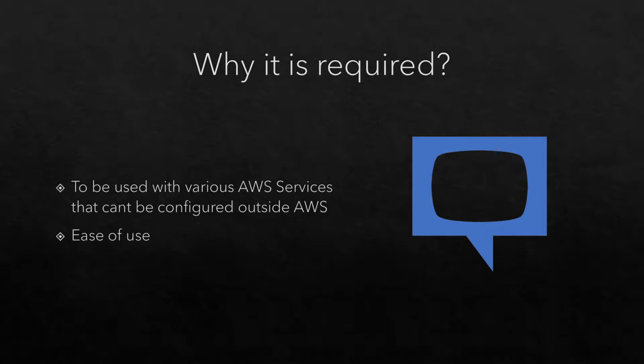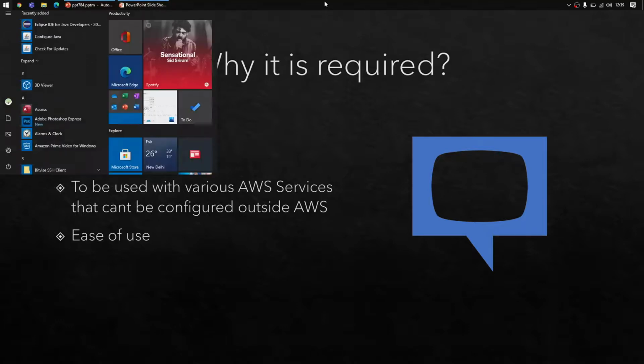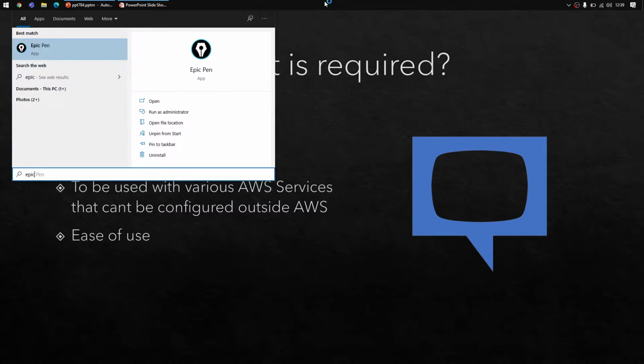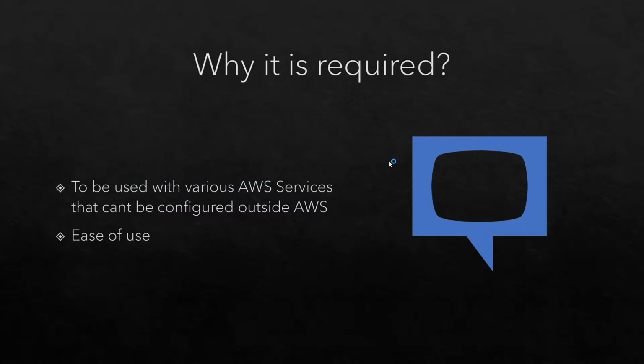Now, what are the different services we have? There are a lot of services we have with AWS. Say the services such as EC2, which requires an IP address. If we are hosting a web application, we need to have an IP address and we need to have a domain name.